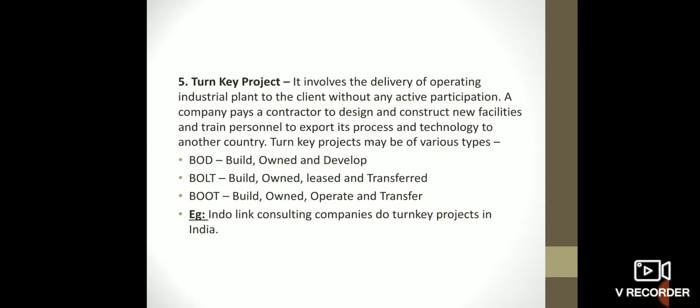This type of strategy can be used even for training and for staffing. You have heard about AMCAT. AMCAT is one of the institutions that conducts exams, trains its candidates, and provides human resources to some companies.